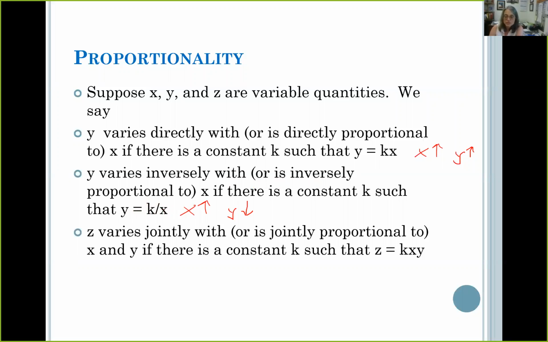We can also have joint proportionality. Joint proportionality says that if z varies jointly with, or is jointly proportional to, x and y, then that just means z is equal to some constant k times x times y.